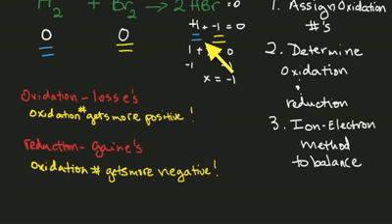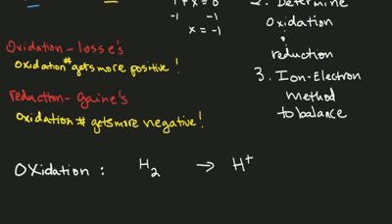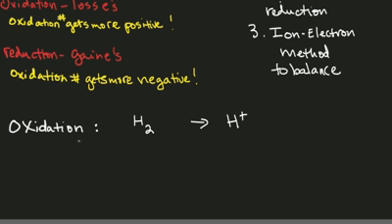So let's write the half reactions and do the ion electron method. So we have H2 on one side, and we had H plus on the other side. And this was the oxidation equation. So at this point what we do is we look at the reduction equation.